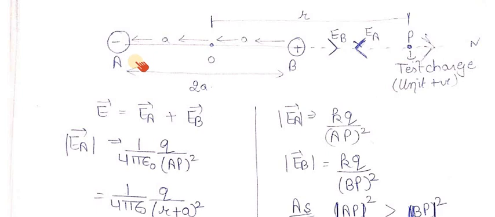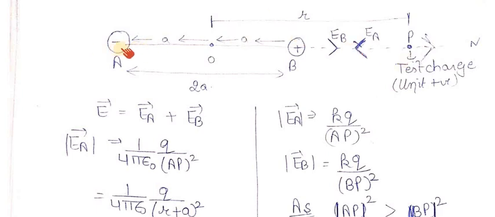Before deriving the expression, we will first see the directions of the arrows. This is a negative charge, and we place a unit positive test charge at point P, because we have to find the electric field intensity at point P. This is the positive charge and this is the negative charge.